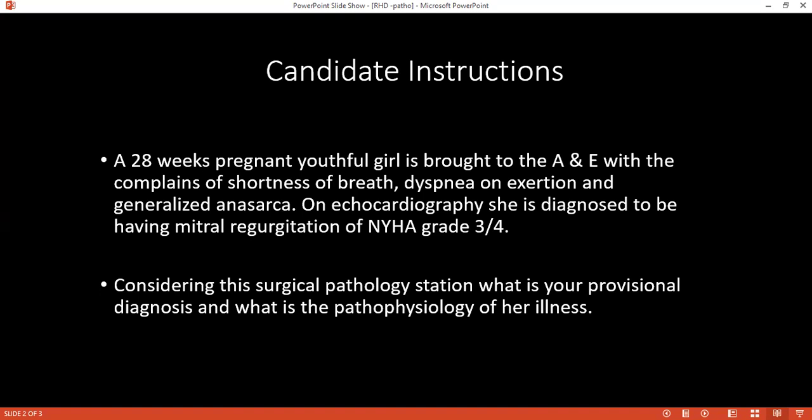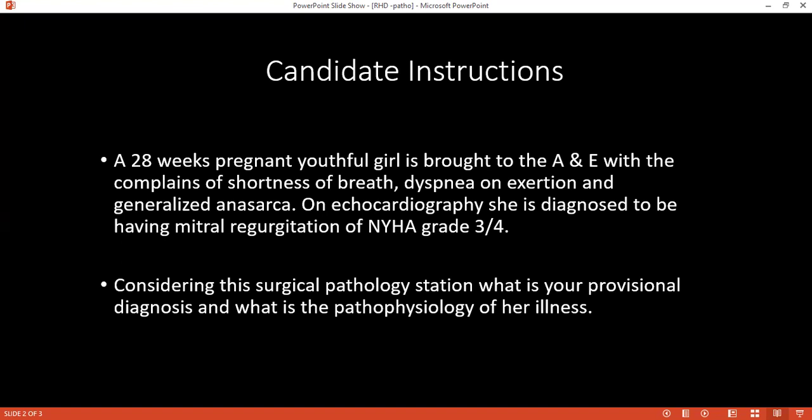If you have established that because of rheumatic heart disease the patient is undergoing aortic stenosis or other multiple valve stenosis or regurgitation, what would you suggest? How should the patient be managed? The patient is young, the patient is pregnant, and you have to consider that it's two lives at risk. What is NYHA grade?